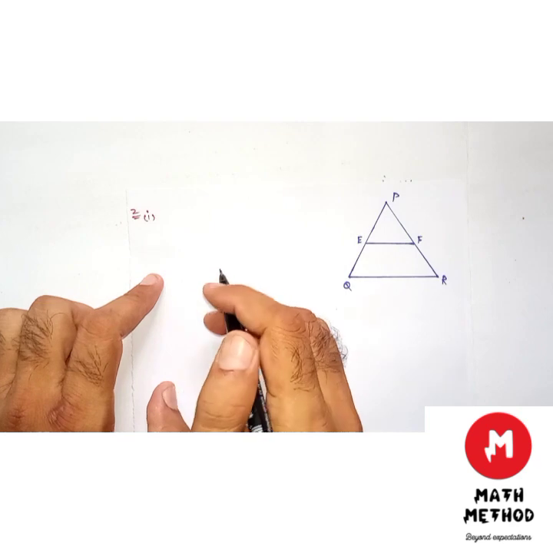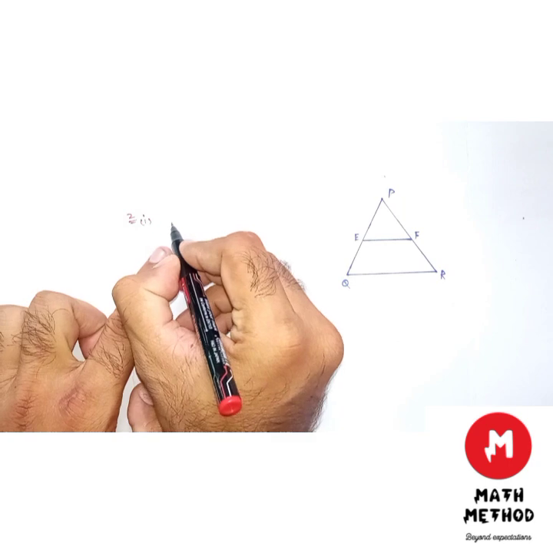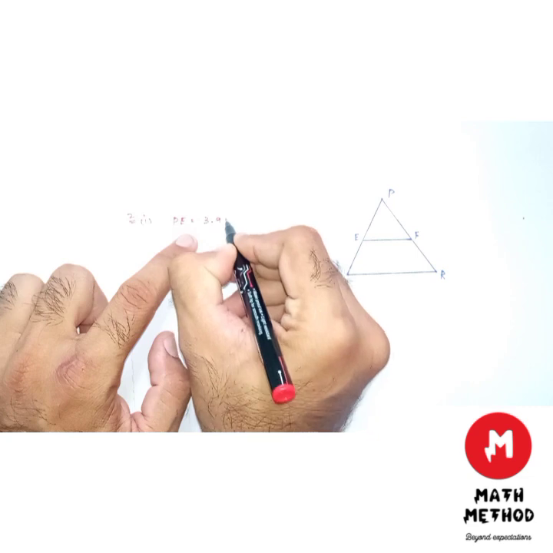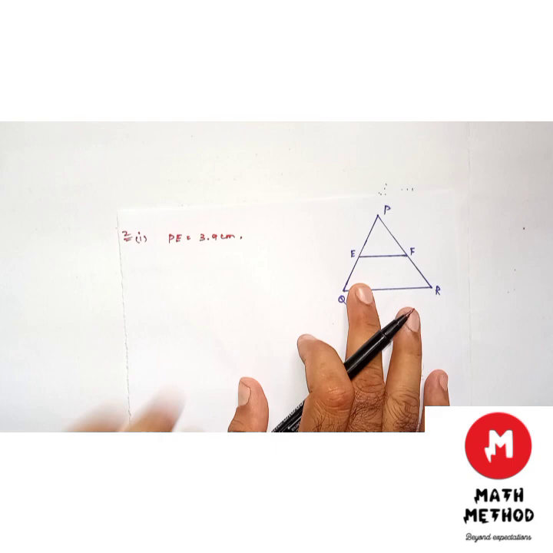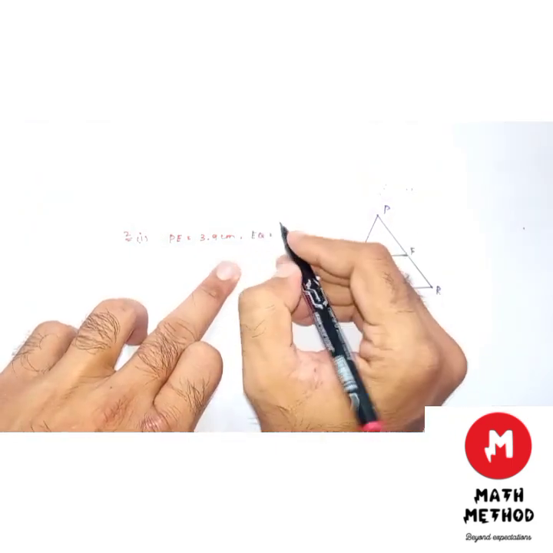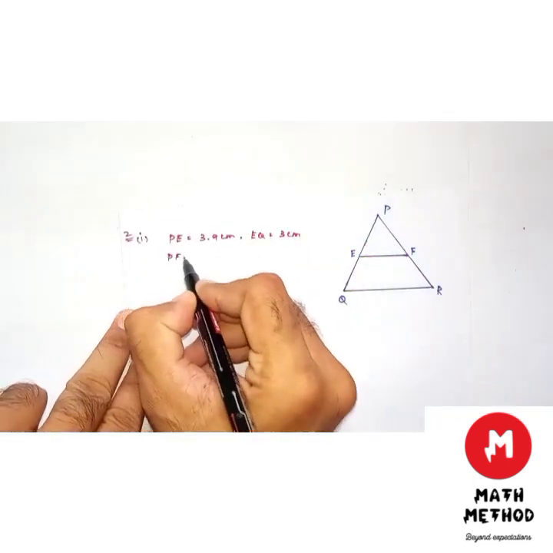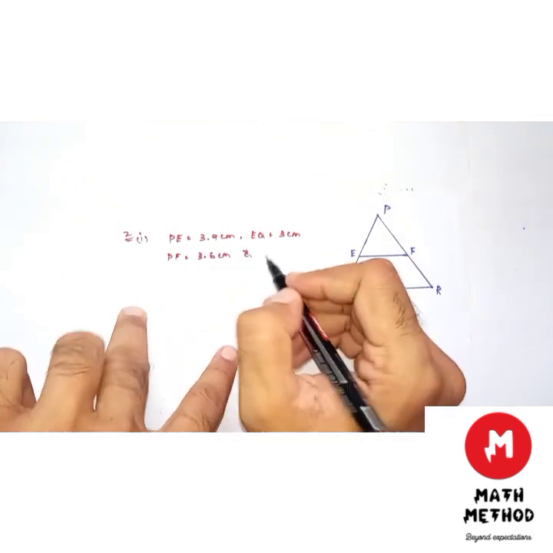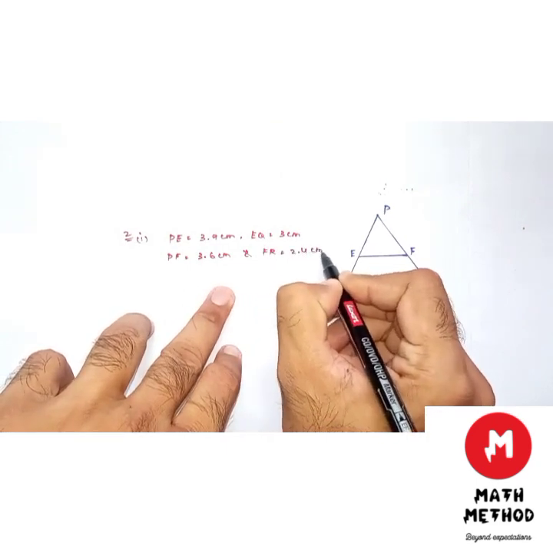Here in part 1 of question number 2, given that PE is equal to 3.9 centimeters, EQ is equal to 3 centimeters, and PF is equal to 3.6 cm, and FR is equal to 2.4 cm.